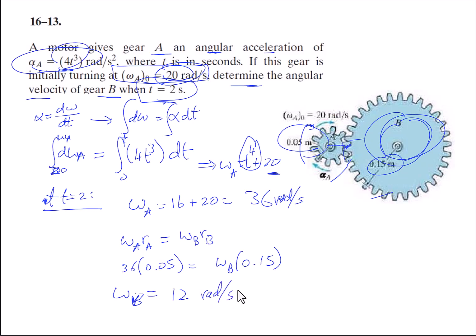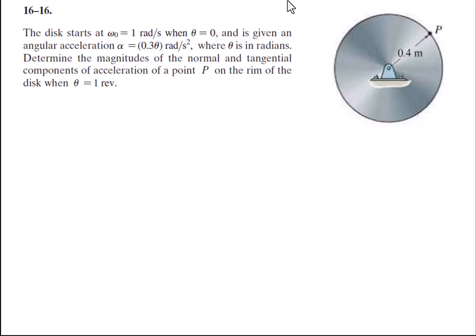So same givens, different hidden information as the first problem. Another problem that also uses the kinematics of rigid bodies is this problem number 16. We have a disk that starts with an initial angular velocity when the displacement is 0 and is given an angular acceleration that is a function of the position, the angle.